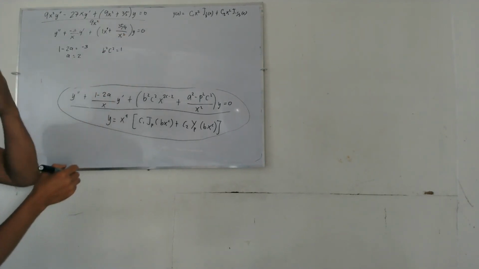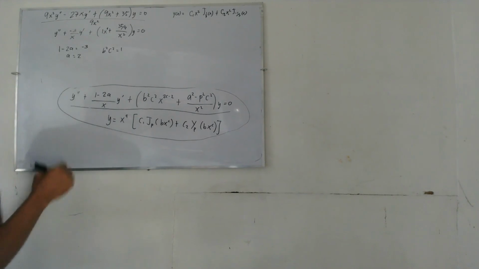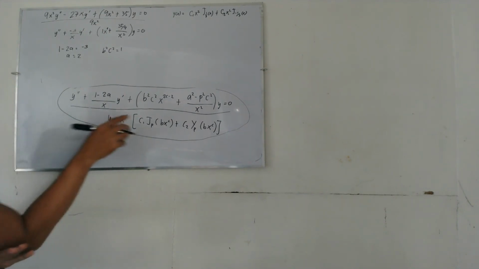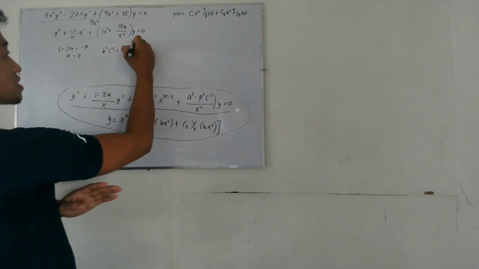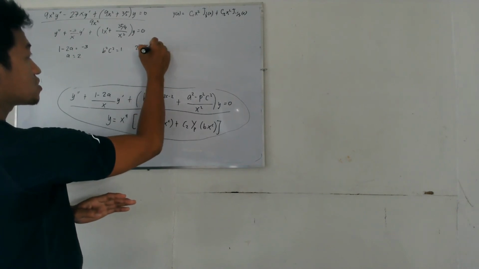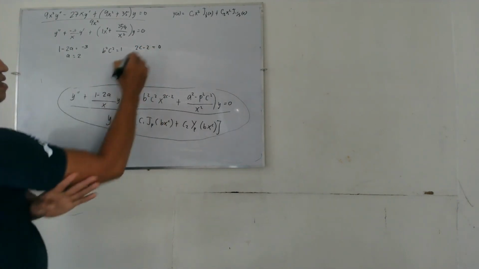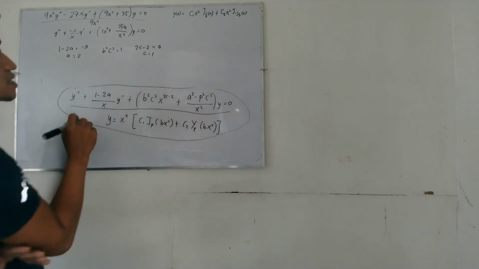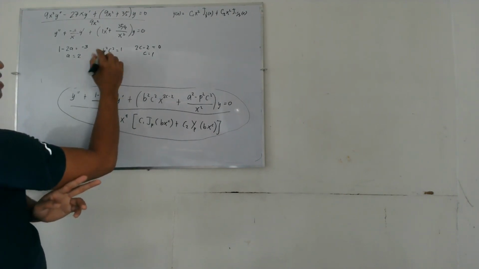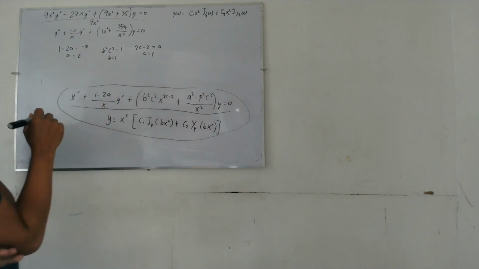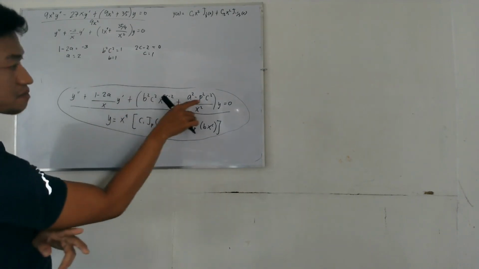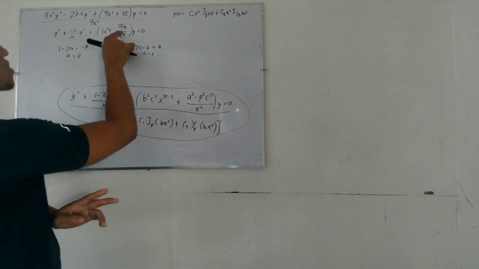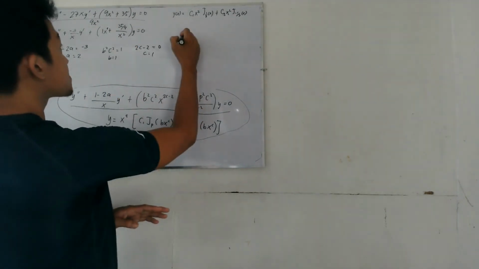Diba kay walay x. So, mahimo ning ang 2c minus 2 is equal to 0. Therefore, c is equal to 1. Kung c equals to 1, plug in the ray, b is equal to 1. 1, 2, 3. P na lang itong kulang.